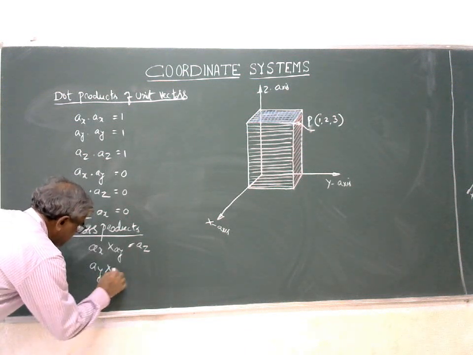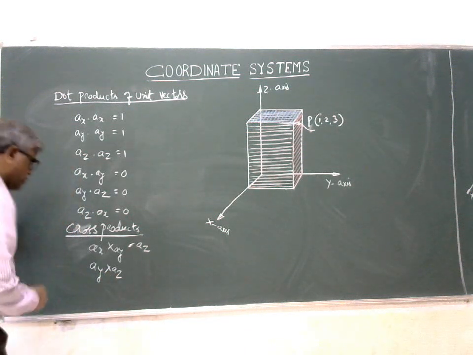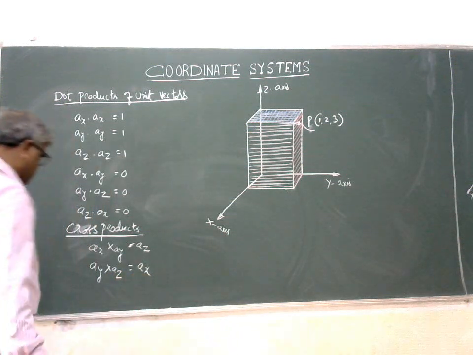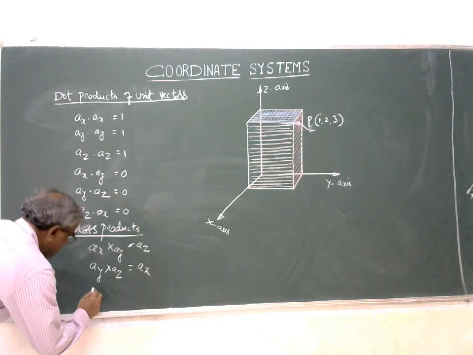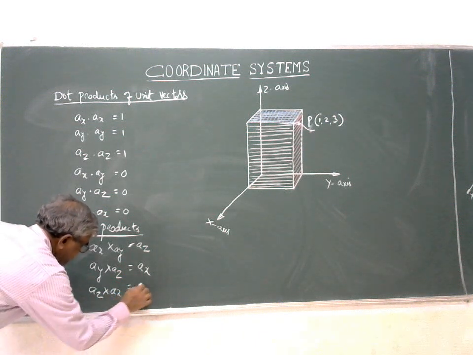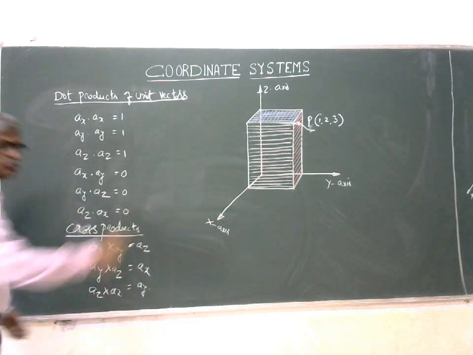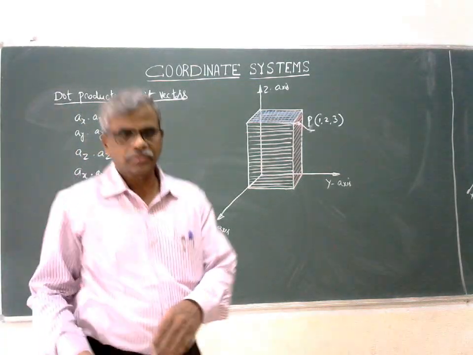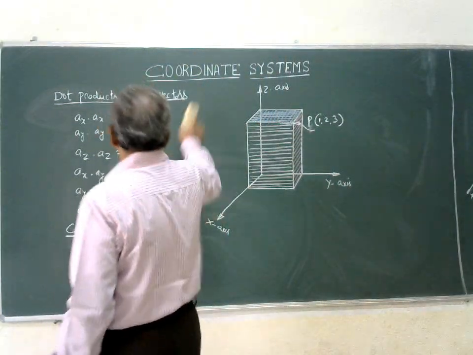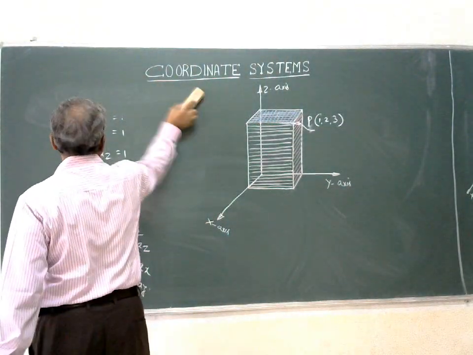Ay cross Az is equal to Ax. And Az cross Ax is equal to Ay. Next, range of parameters.